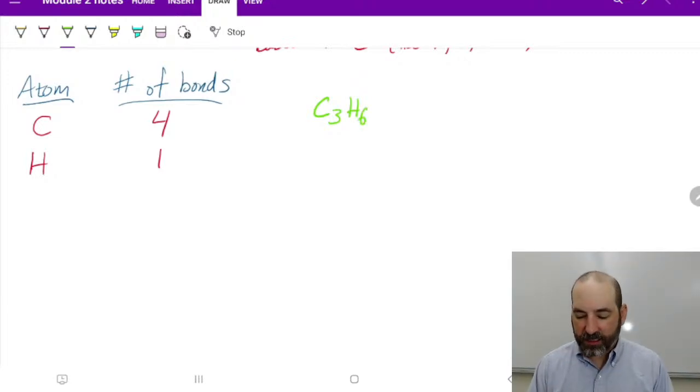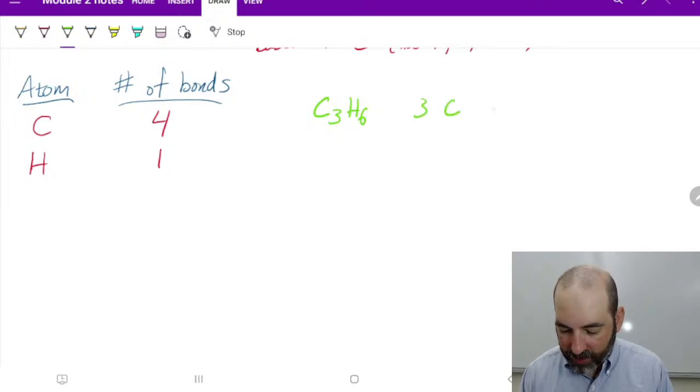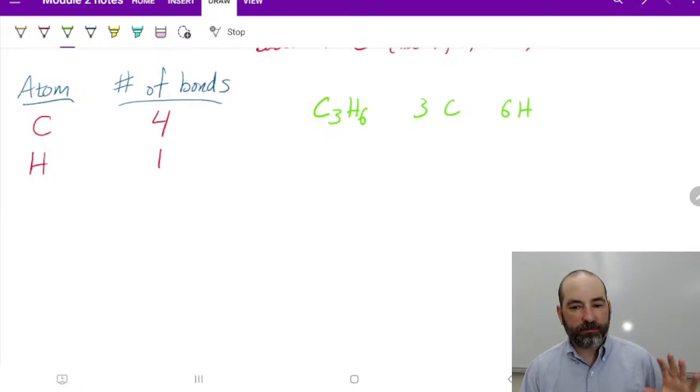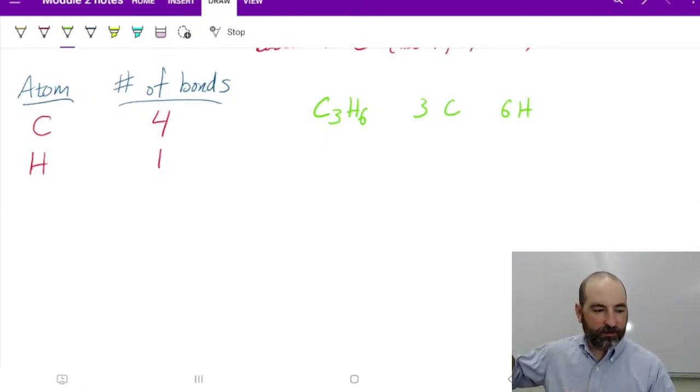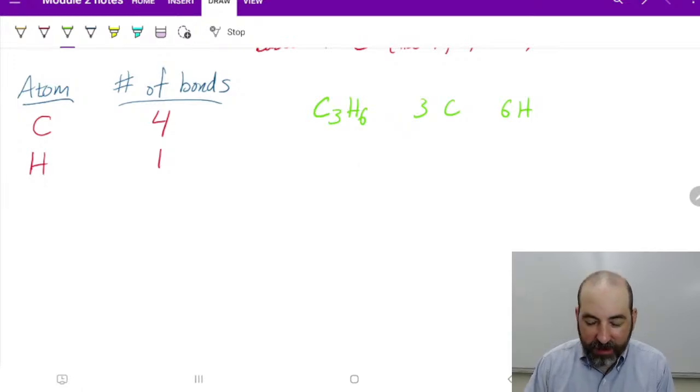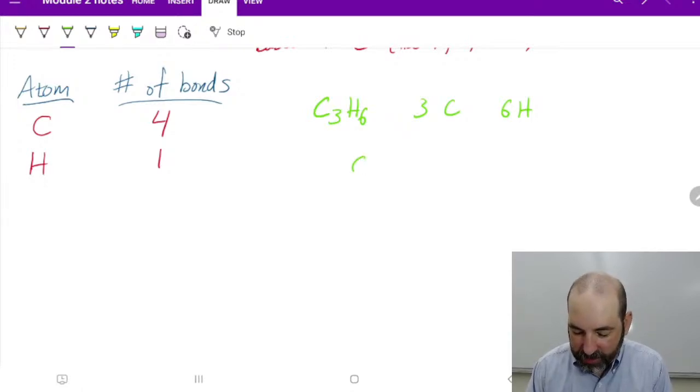What that tells us is that we have 3 carbon atoms and 6 hydrogen atoms, and we have to put them together in a structure, and we have to follow these bonding rules that we just put up. So we take our 3 carbons, we take our 6 hydrogens, and we have a lot of options of how to connect them, but let's look at some things that don't work and talk about why they don't work.